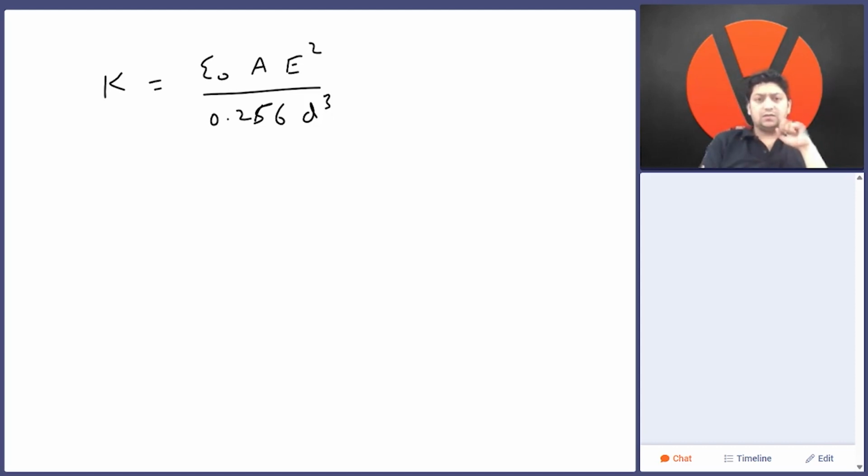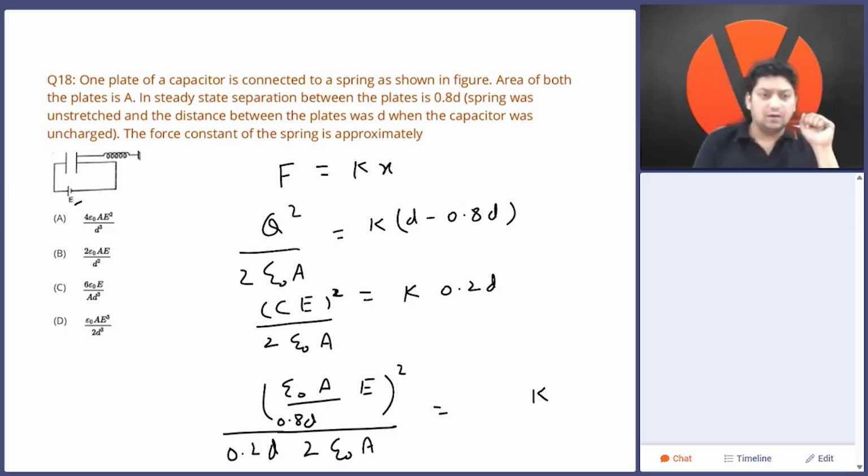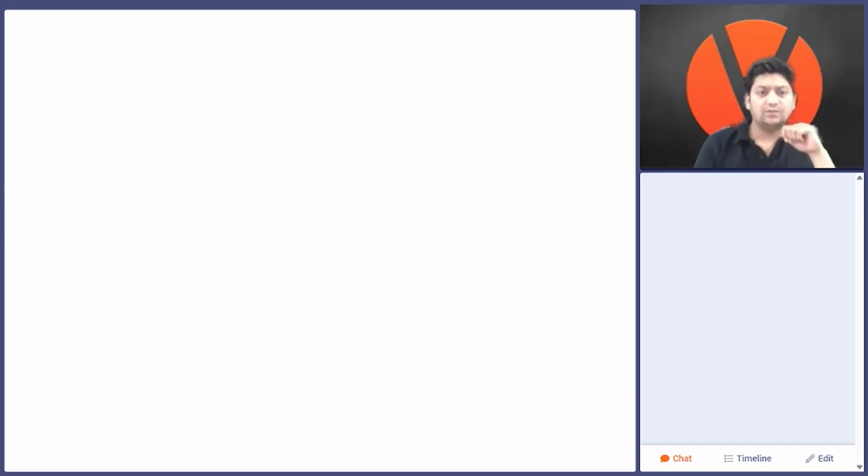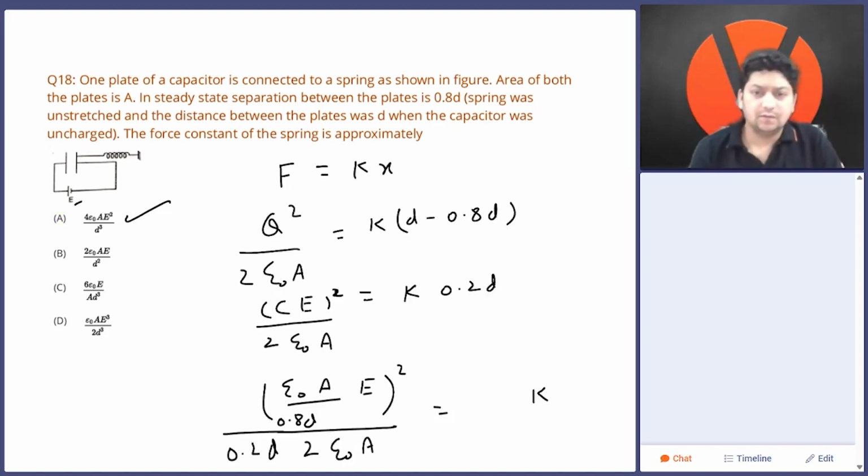So this value we will be getting, which is approximately 4 epsilon naught A E square by D cube. So this will be the result. A option will be the correct answer, right?